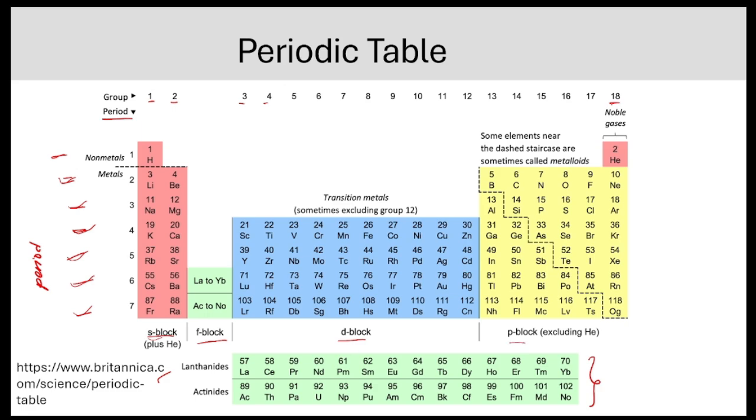If you look at this periodic table, we can say the S block is all the groups 1 and 2. D block is from group 3 to 12. P block is from 13 to 18, and there is an exception here, helium. If you look at this color code, helium is also S block. The element helium also belongs to the S block.